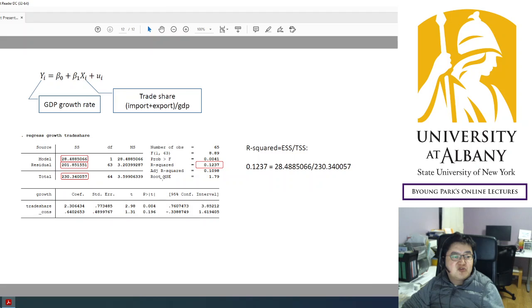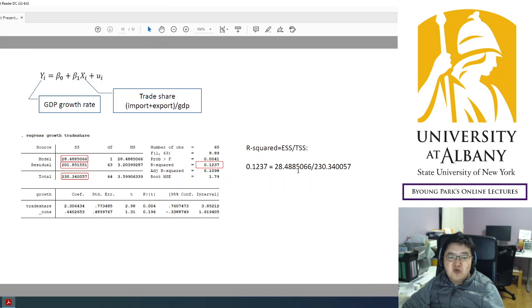And another relationship is between the sum of squares and R squared. R squared is 12.37%, which is calculated as the proportion of the explained sum of squares out of the total variation.